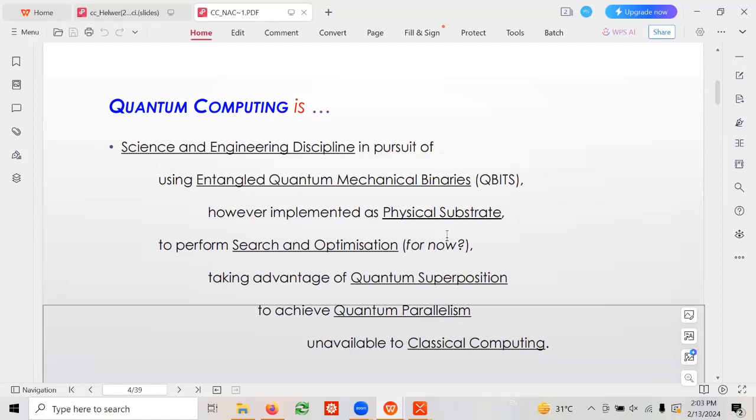Now, the whole thing about quantum computing is this. Some problem that takes a classical computer n steps would take a quantum computer the square root of n steps. Or some problem that would take a classical computer n squared steps would take a quantum computer n times log of n.